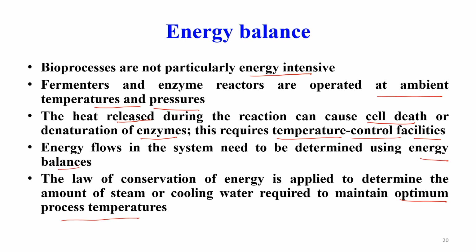We have to see the energy flow in the system and how much energy is flowing out of the system. So we apply the law of conservation of energy to determine the heating or cooling requirement. For cooling, typically we use cooling water, and for heating we use steam, to maintain the optimum process temperature for a given bioprocess system.